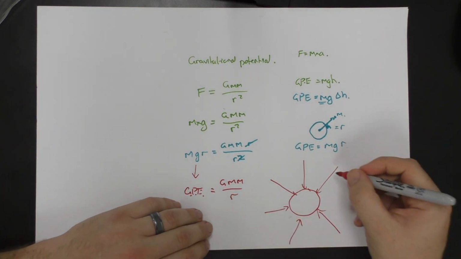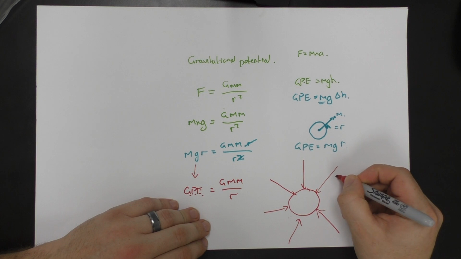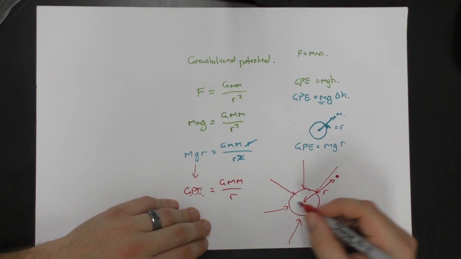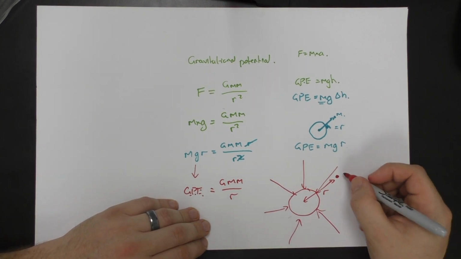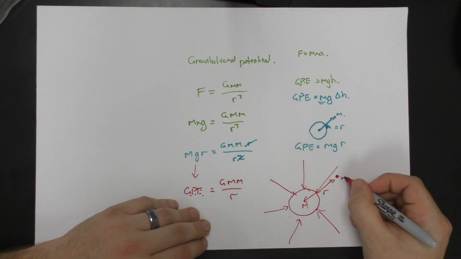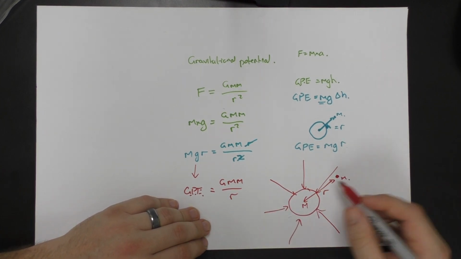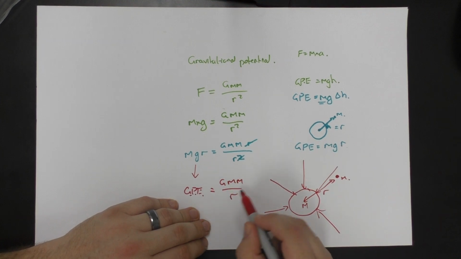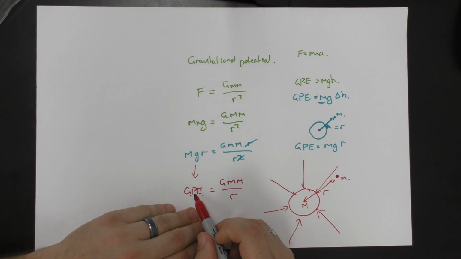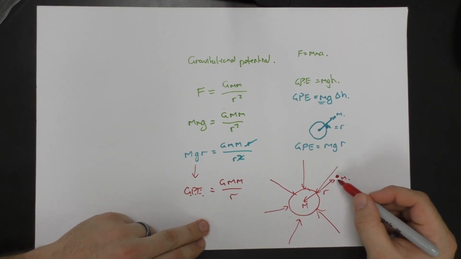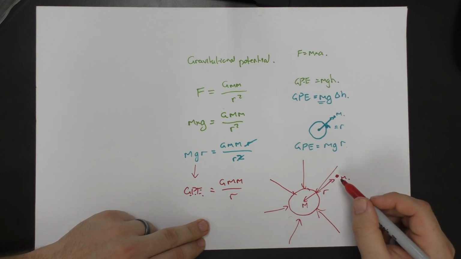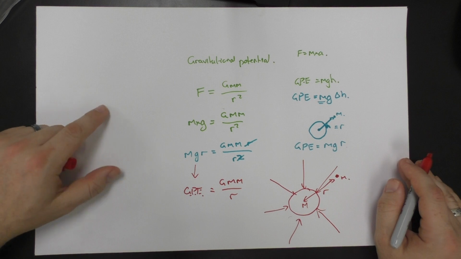So this is basically telling you at a distance of r from the center of mass, you have got an m here and an m here, those are the two m's there, and we've got a distance r. This gives you the actual energy stored by that mass at that point, the potential energy that it actually has in a radial field, which is a really useful equation.